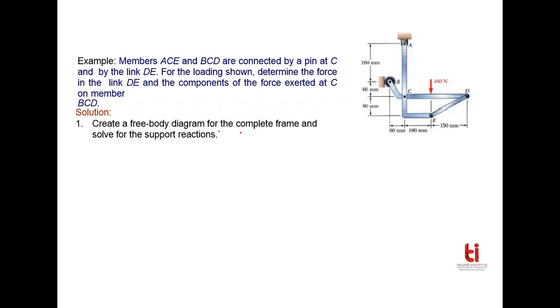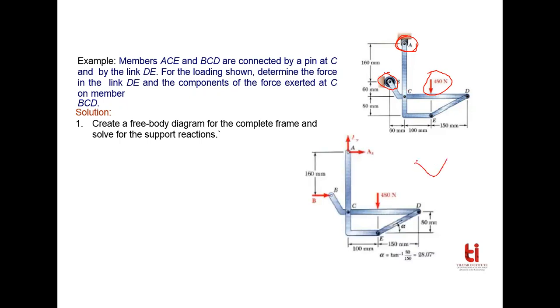That means we will show this external force and external forces applied at this point A and at this point B. Only at these 3 points we will show the forces.